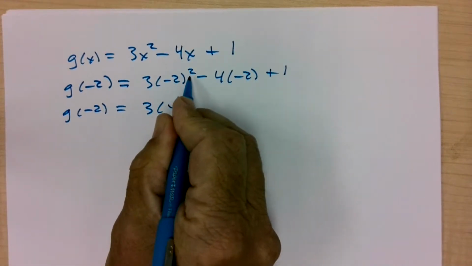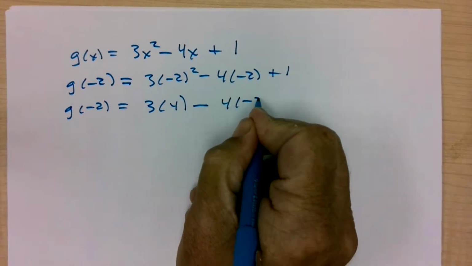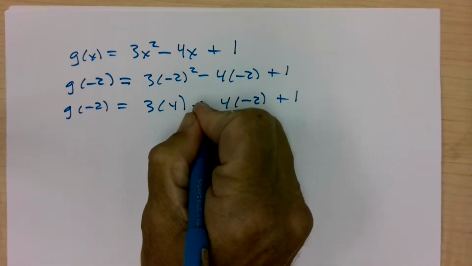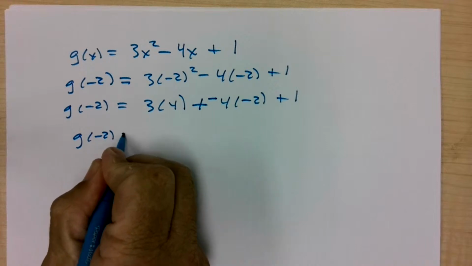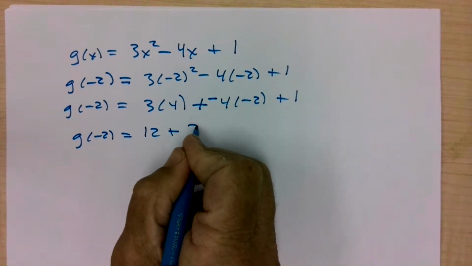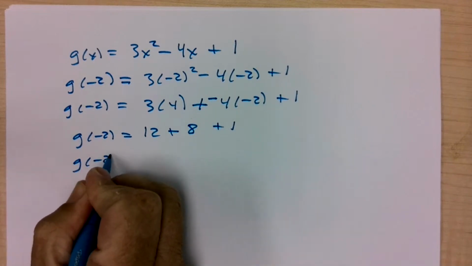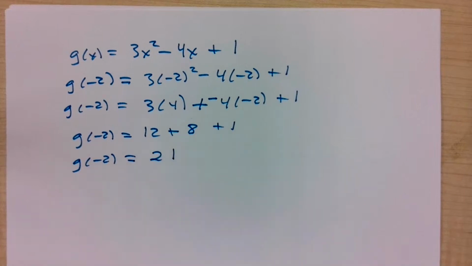Negative 2 squared is negative 2 times negative 2, positive 4. Minus 4 times negative 2 plus 1. I'm going to change that minus to plus a negative. Now I have g of negative 2: 3 times 4 is 12 plus negative 4 times negative 2 is 8 plus 1. g of negative 2, 12 and 8 is 20, and 1 is 21.